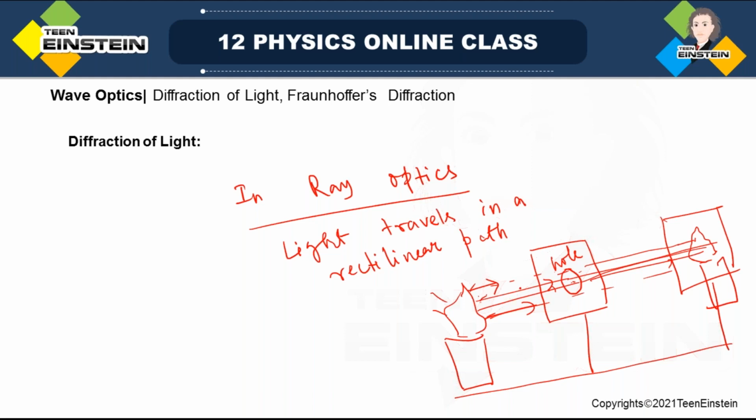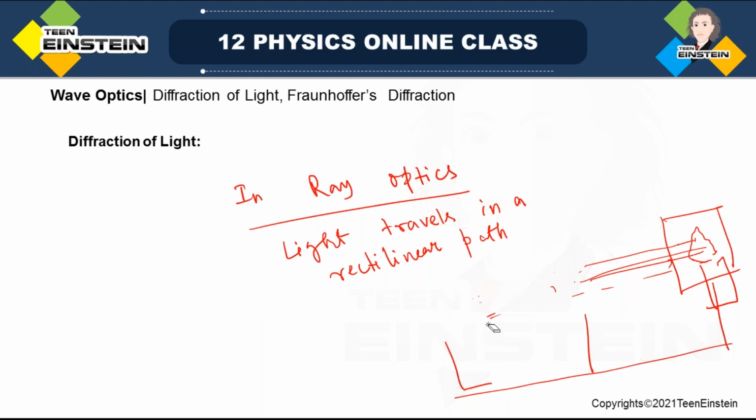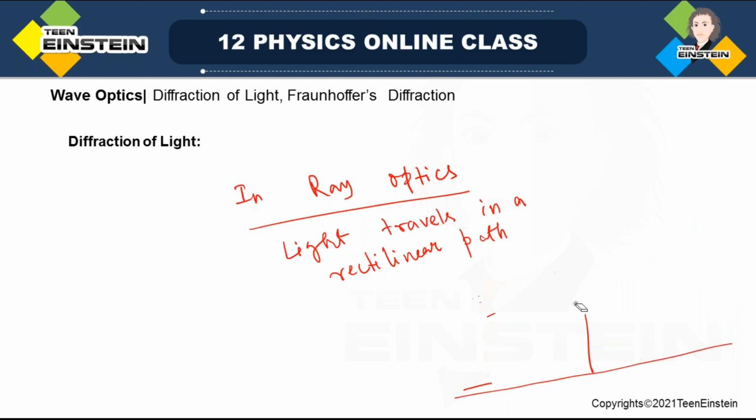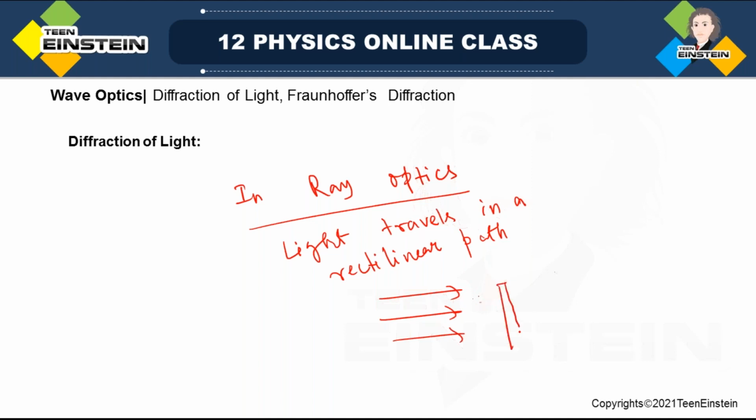So according to that notion, if there is some obstacle in front of the source of the light, or anywhere in the path of propagation of light, suppose light is propagating like this and comes across some obstacle like this, so what will it do?